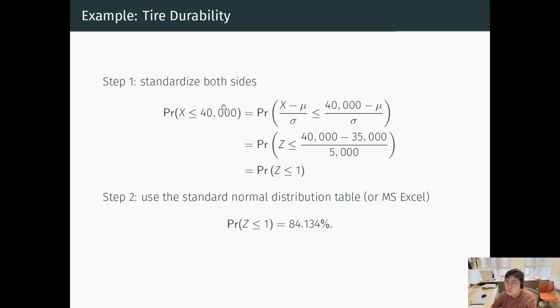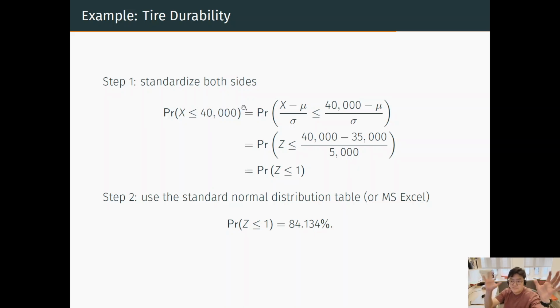Right? So follow the steps. Standardize X, but at the same time you have to standardize all the accompanying terms, like the counterpart of X, which is 40,000. When you standardize X, you have to standardize 40,000. Think about this.